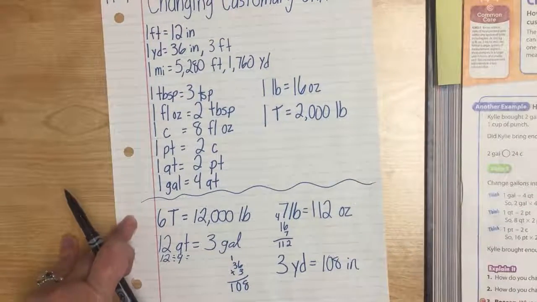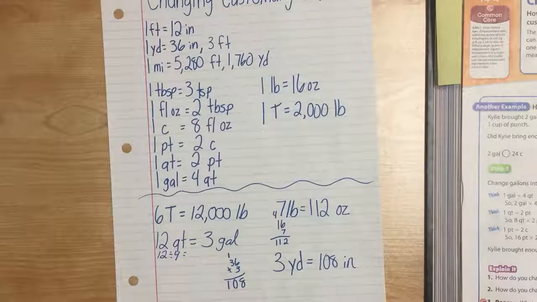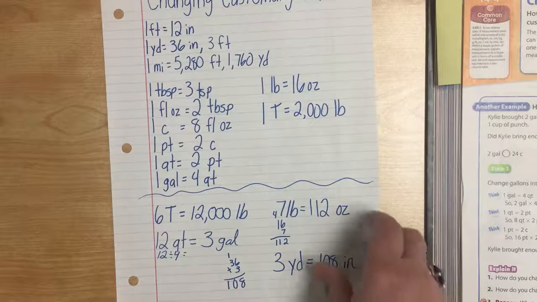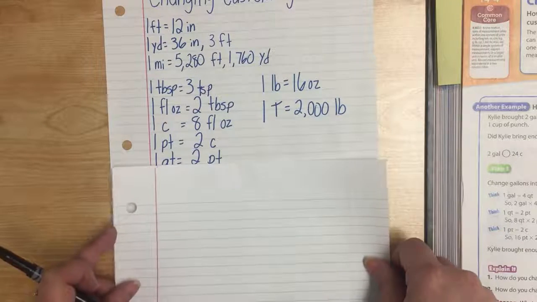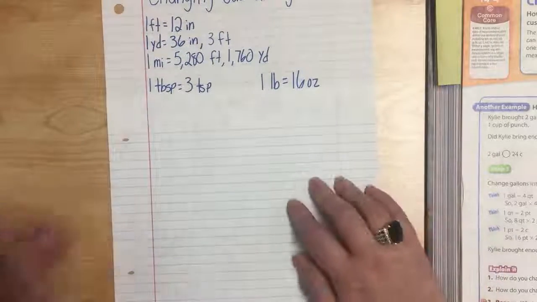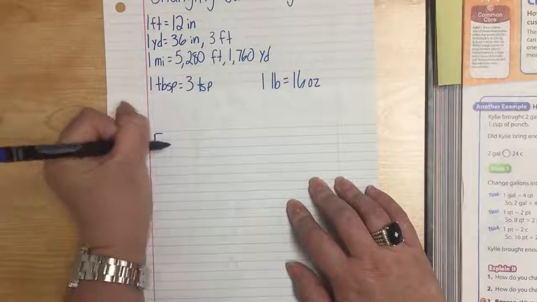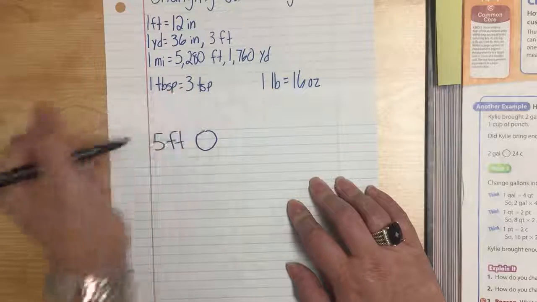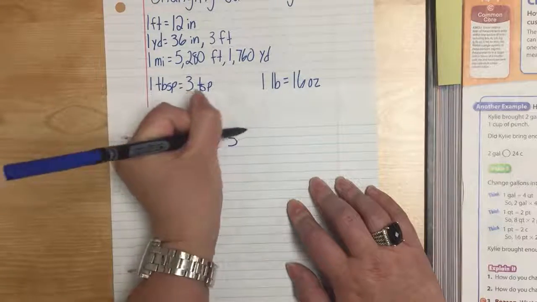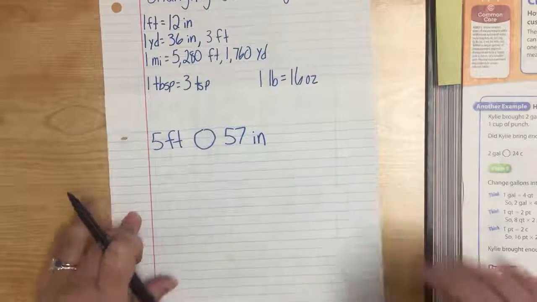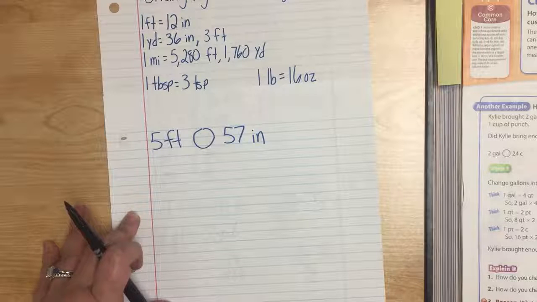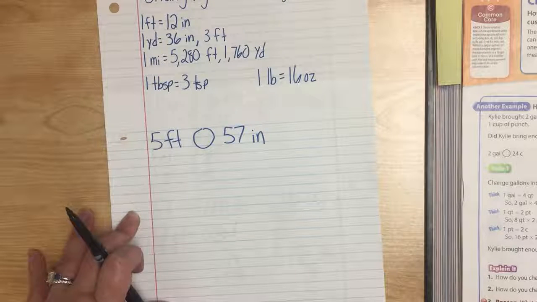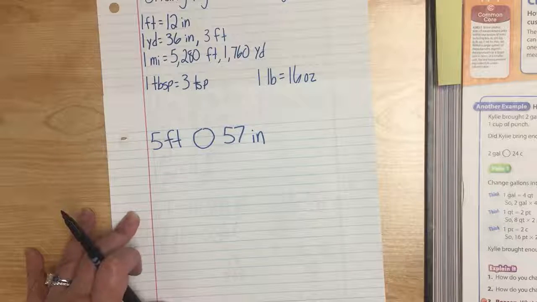Okay? The next part that you're going to have to do is comparing. That's when we're doing the greater than, less than, or equal to. So if I've got 5 feet and I'm comparing that to 57 inches, what do I have to do to figure out which one is more? 5 times 12, because there are 12 inches in a foot.